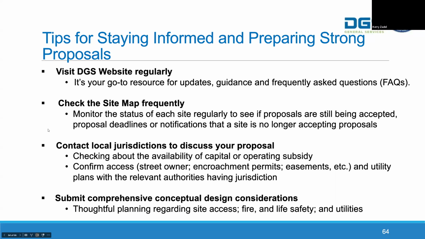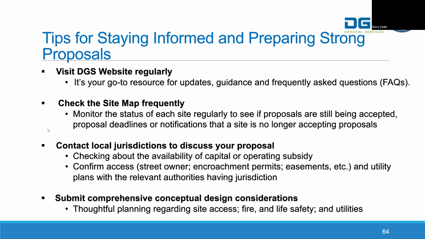Tips for staying informed and preparing strong proposals. Please visit the DGS website regularly. It's your go-to resource for updates, guidance, and frequently asked questions. There's links in the website, and of course the map. The map is inside the DGS website. Check the site map frequently.